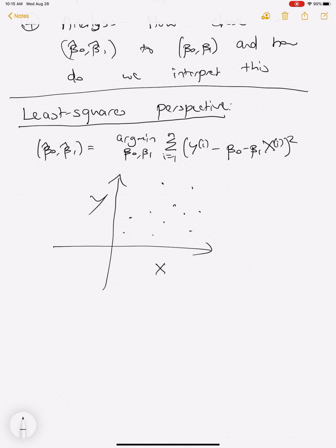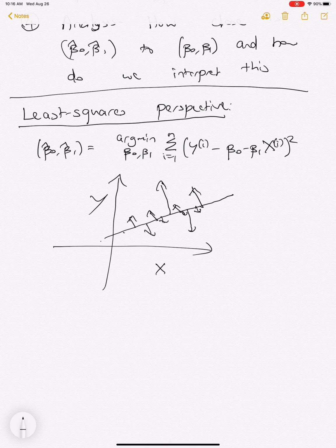And what you're trying to find is a line that goes through these points, where if you look at the distance between this line and all these points, you effectively just want to minimize that distance.